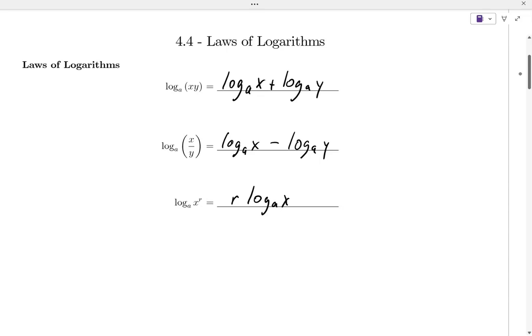We can bring that power down in front and write it as r times log base a of x. So this is when you have something raised to a power and you raise it to another power, you multiply the exponents together.